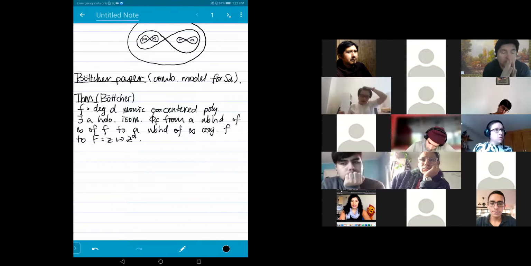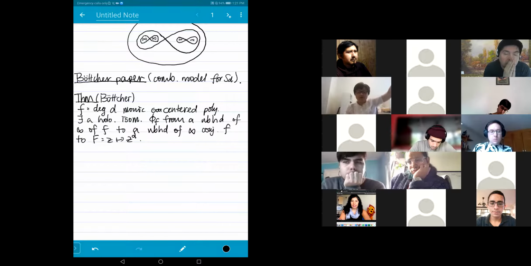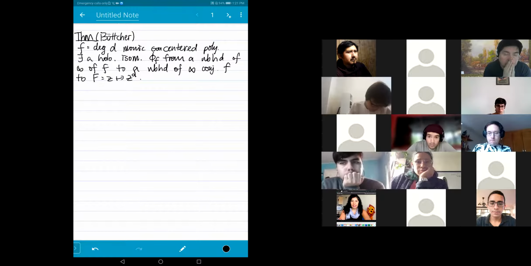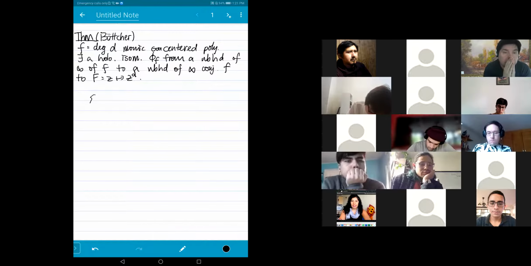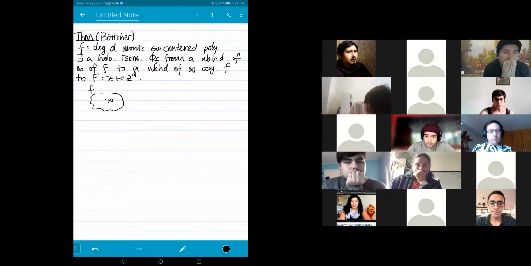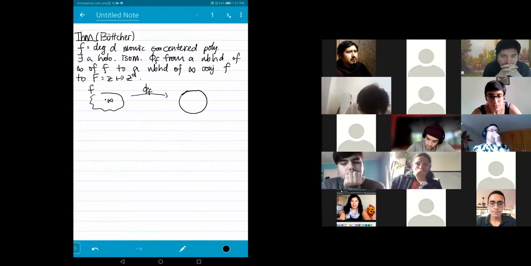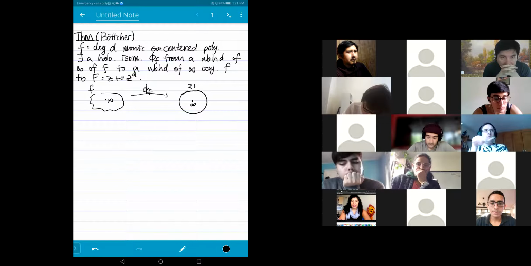So that is to say, near infinity, all the polynomials look the same. They just look like z goes to z to the d. So let me just draw you a picture. So near infinity, this is the dynamics for f, and this is the Böttcher map. And I'll draw a standard circle. So this is a neighborhood of infinity corresponding to z goes to z to the d.